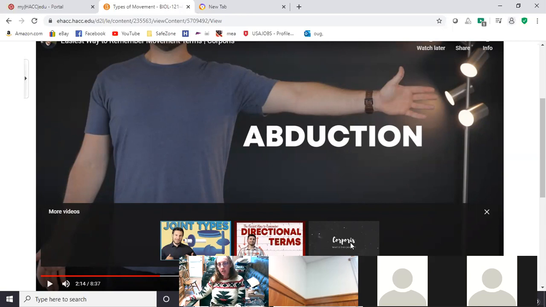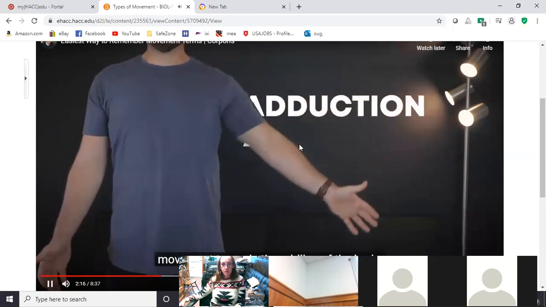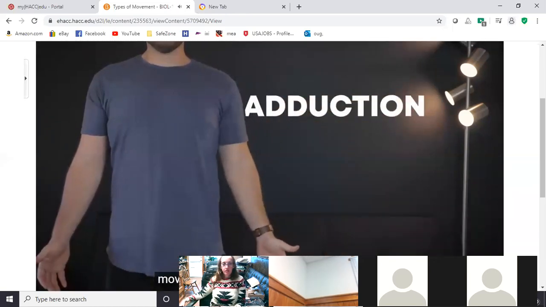So abduction is a movement of taking that anatomical structure away from the midline of the body, and adduction is movement towards the midline, specifically this midline on the sagittal plane.